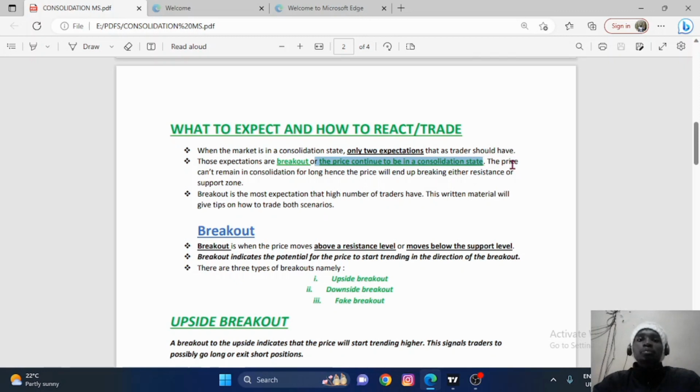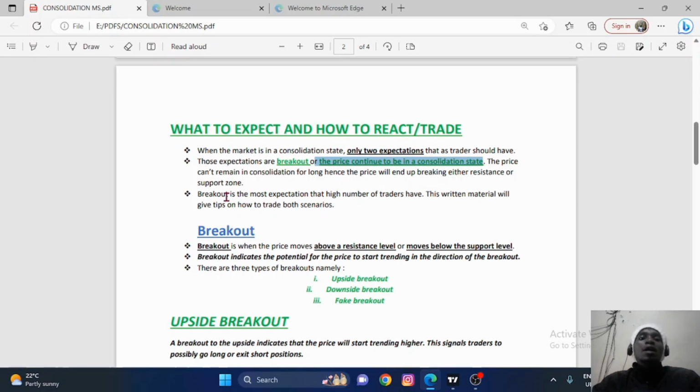As I said, the price can't remain in consolidation for long, hence the price will end up breaking either the resistance or the supply zone. Those are the two conditions a trader is supposed to expect once the market is in a consolidation state.